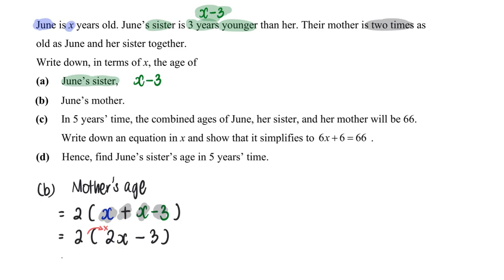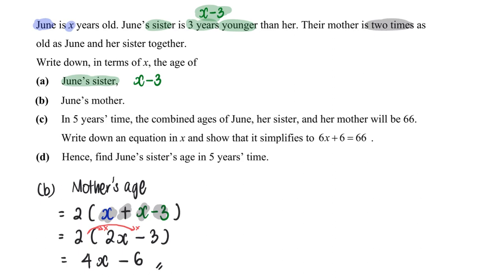This one will give you 4x. 2 times negative 3 will give me negative 6. Done.